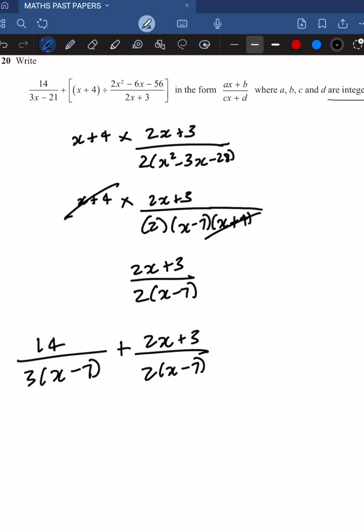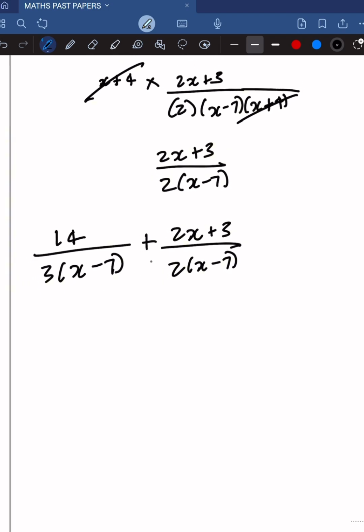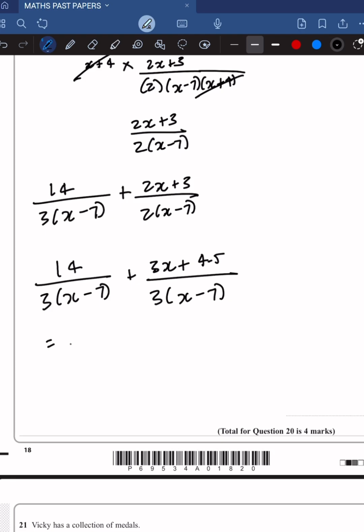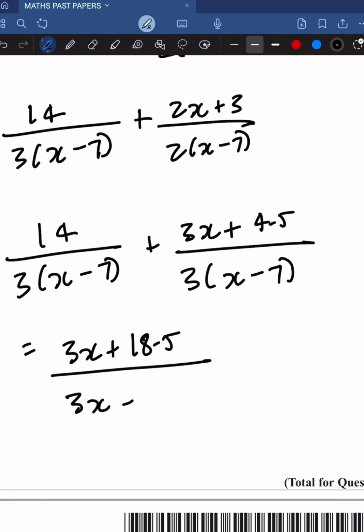Now, the rule is that you can only add fractions if the bases are the same. To get the same base, I'm going to have to times all of this by 1.5, because 2 times 1.5 is 3. 14 over 3 times x minus 7 plus 3x plus 4.5 over 3 times x minus 7 equals 3x plus 14 plus 4.5, which is 18.5, over... Now I'm going to expand this because it's given in that form, so it's 3x minus 21.